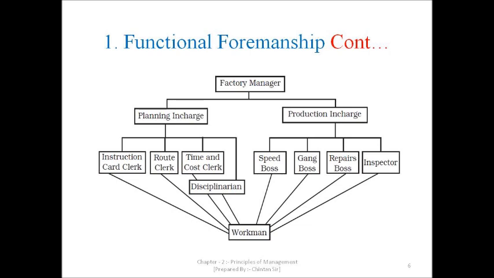First is planning in charge and second is production in charge. He classified planning in charge into four sub-classifications. Number 1, instruction card clerk. Number 2, route clerk. Number 3, time and cost clerk. Number 4, disciplinarian.